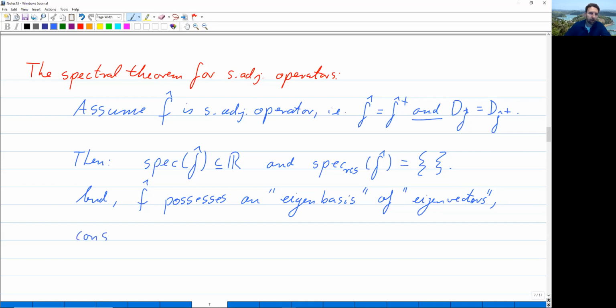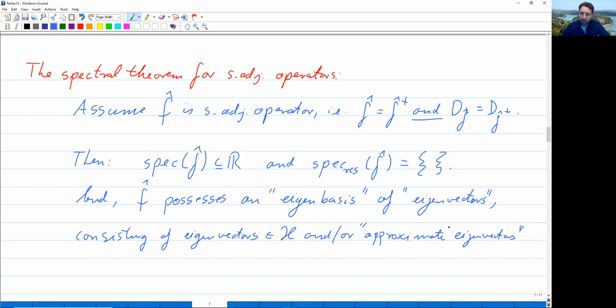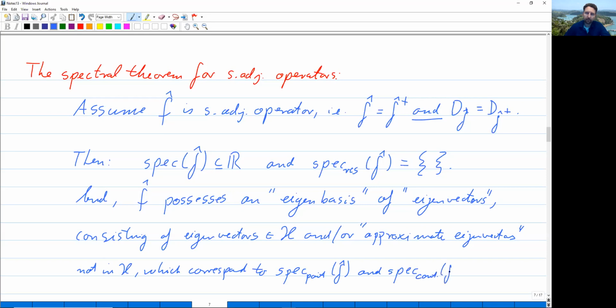Consisting of eigenvectors in H and/or approximate eigenvectors that are not in H, which correspond to the point spectrum of f hat and the continuous spectrum of f hat respectively.